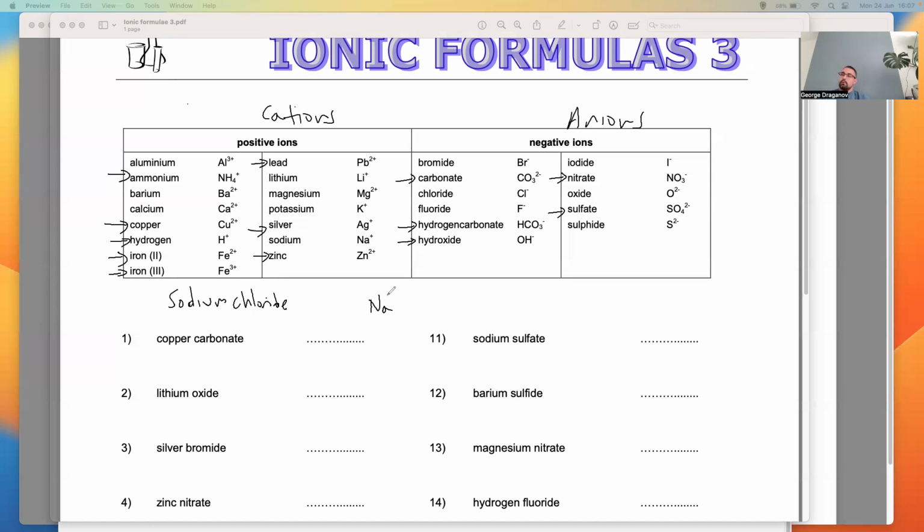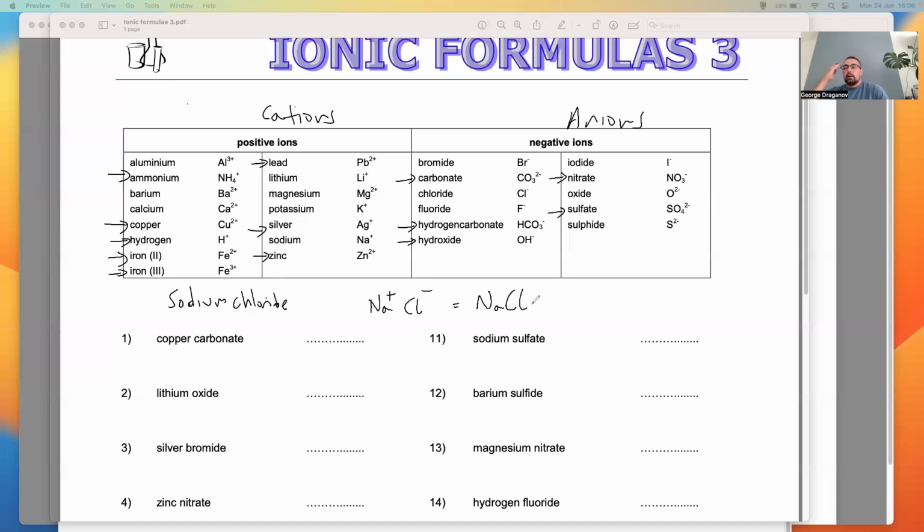It is in group 1, so it's +1. So you don't need to put the 1. Chloride is in group 7, so it's -1. The aim is to make a compound that's neutral. So how many of these do I need to make it add up to 0? Well, they can react in a 1-to-1 ratio, which means just NaCl. That is called an ionic formula.